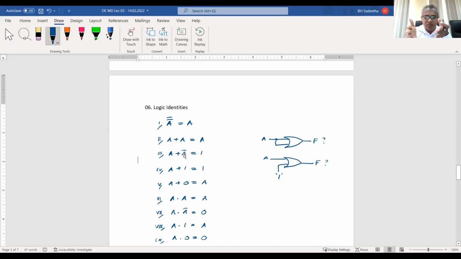Either A may be 1 or A bar may be 1, so it always gives 1. That is the third one. The fourth one, A plus 1. This 1 is permanent. Whatever value A has, it doesn't matter, because we have given 1 here. So it is always 1.